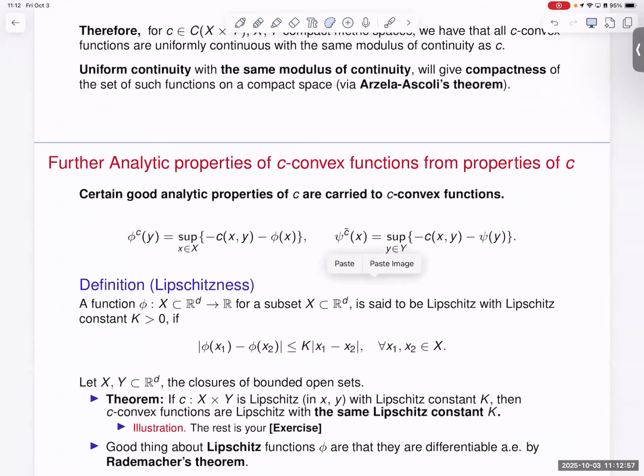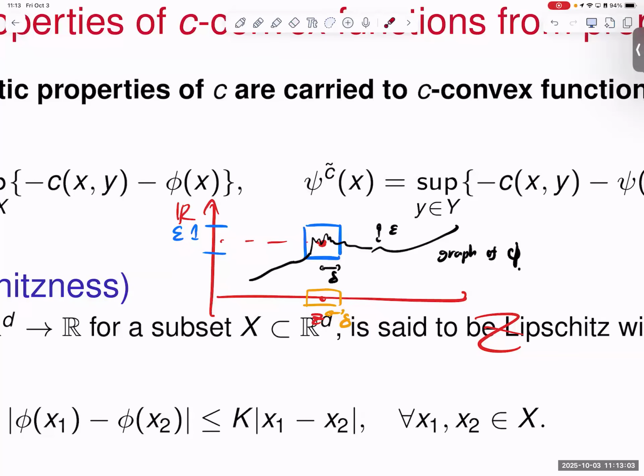Uniform continuity is that for each epsilon, at each z and epsilon, you need to be able to find some delta so that this window contains the graph of your function passing through that point. Meaning the graph does not go outside.